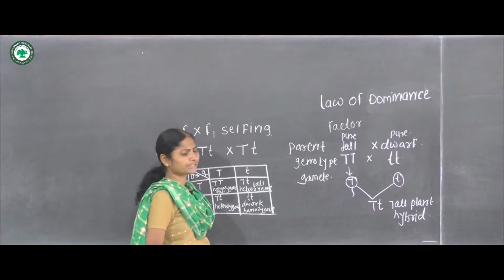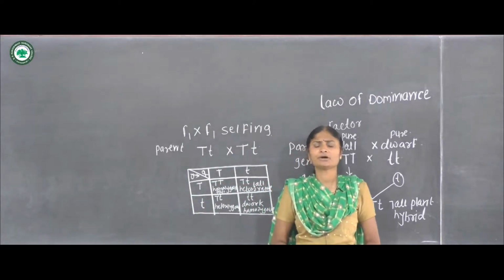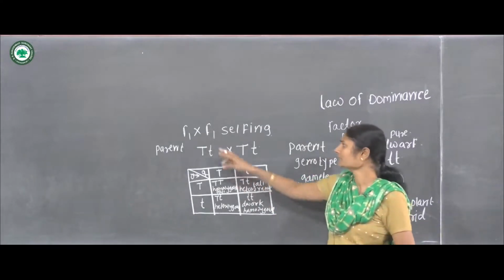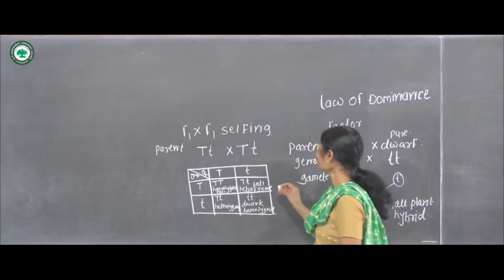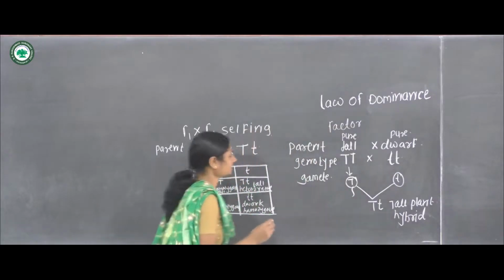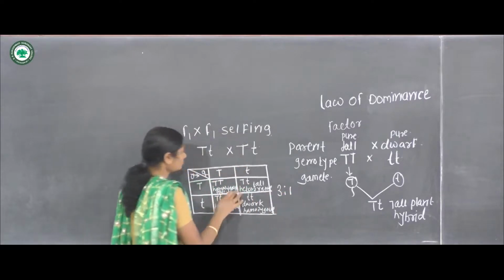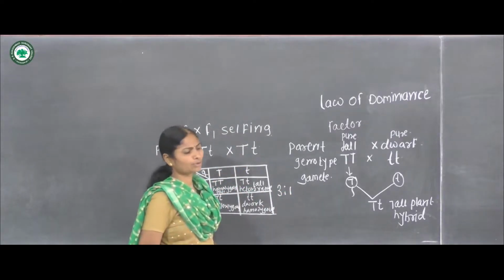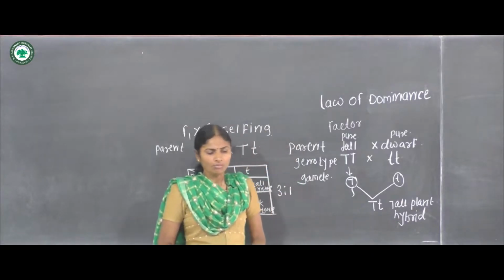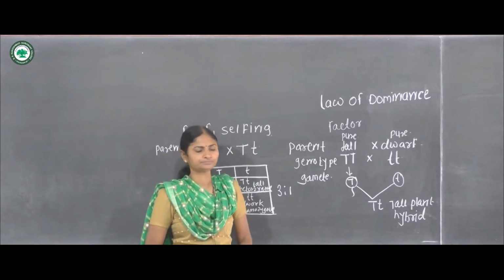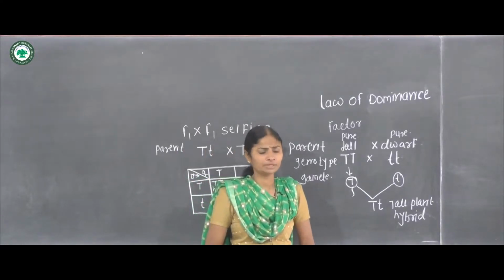In the F2 generation, when Mendel obtained self crossing of F1 and F1, the ratio obtained is 3:1: three tall plants and one dwarf plant. Two types of gametes were formed in F1 plants.